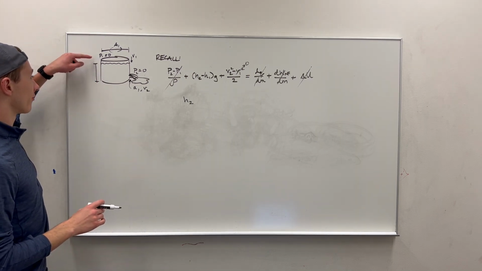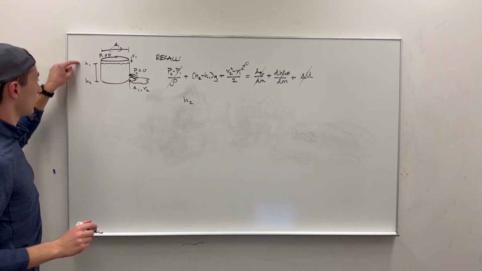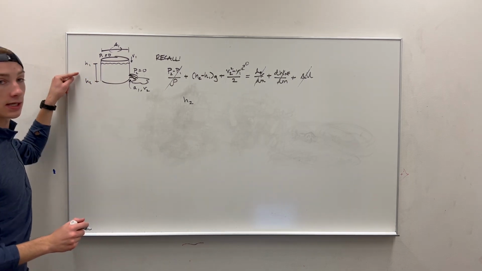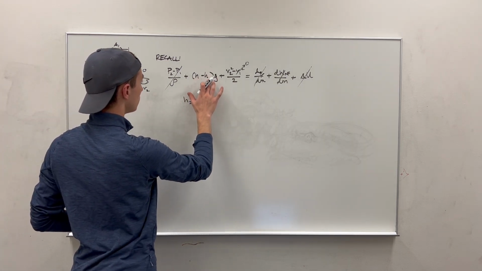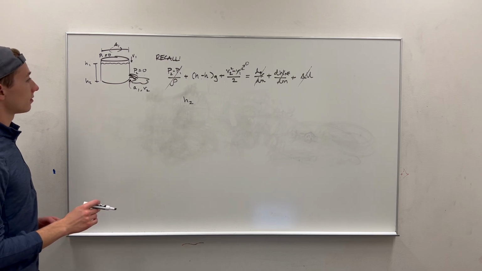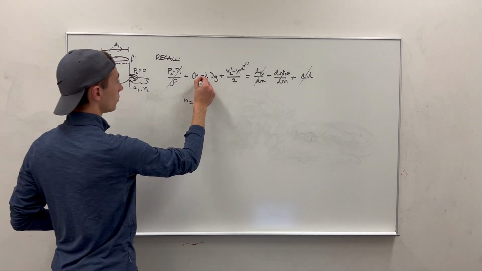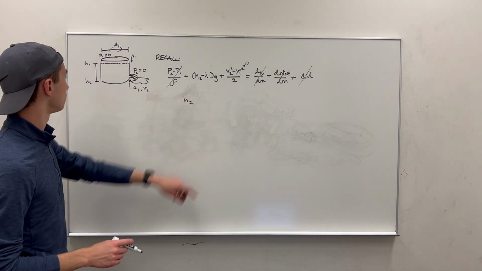The water is moving from H1 to H2. I think that's better. Do you agree? It's moving from H1 to H2. Okay, that works. So we have H2 minus H1.